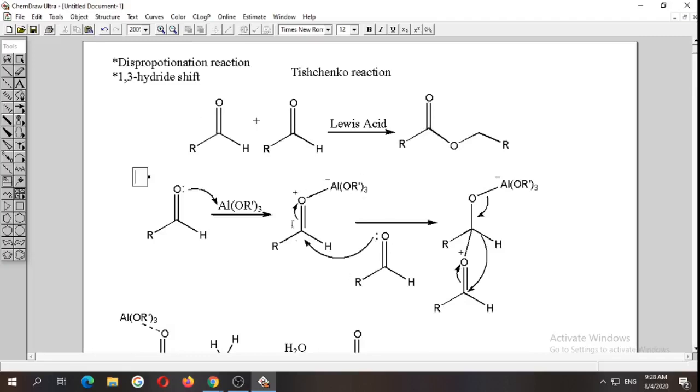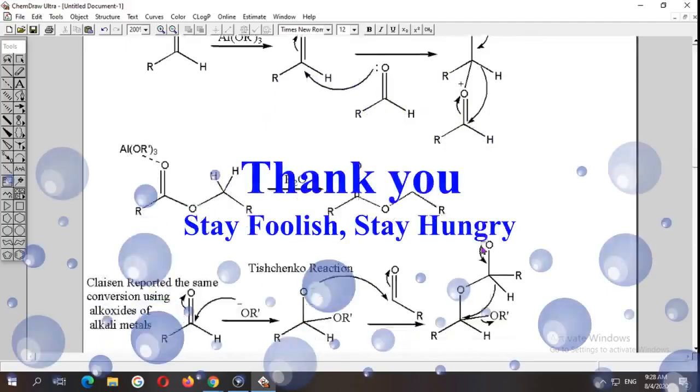So that's this step. But in the Claisen reaction, an OR minus attacks this carbon first and forms an O minus, and this O minus attacks this carbonyl group. See the difference. So that's the difference there. Okay. Hope you understood this Tishchenko reaction.